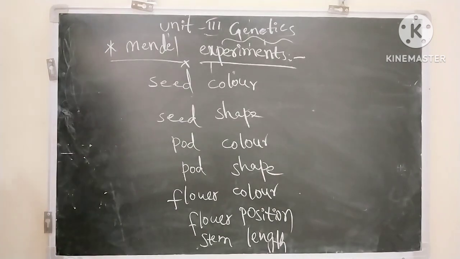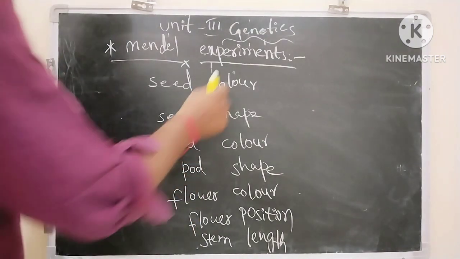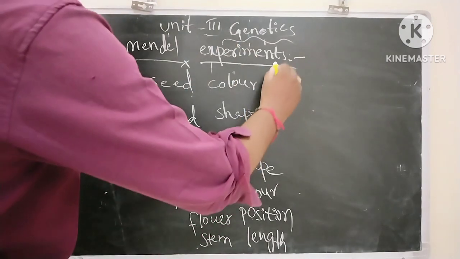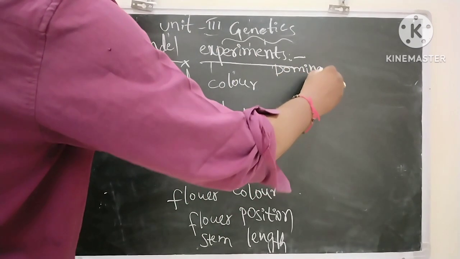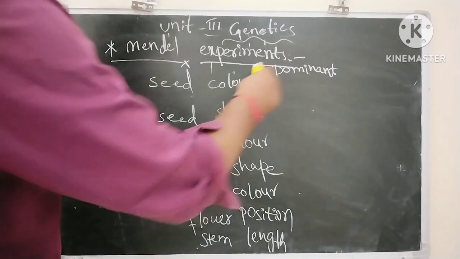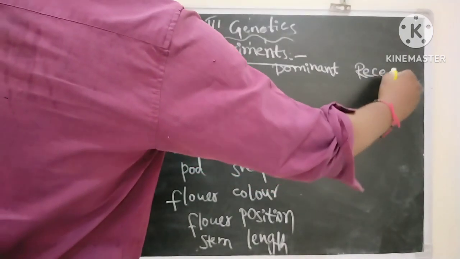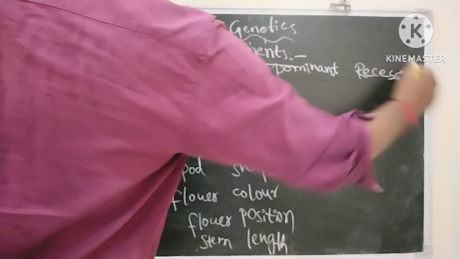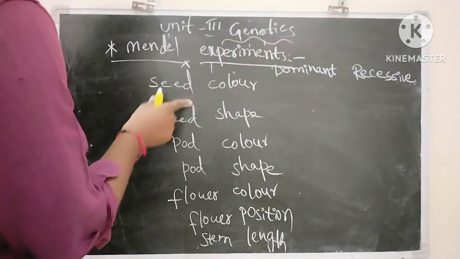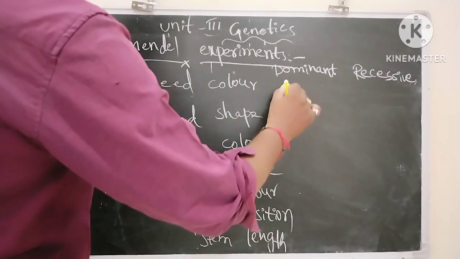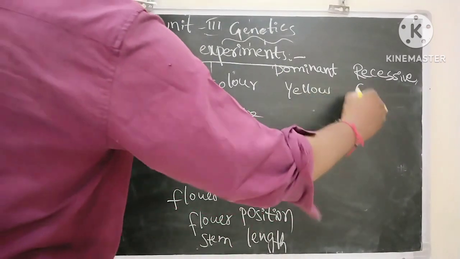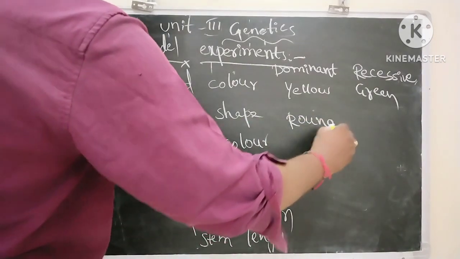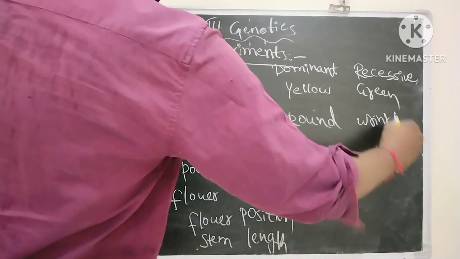According to Mendel, for a character there are 2 traits. One is the dominant, which is expressed more often, and the other is recessive, which is expressed rarely. For pea seed color, yellow is dominant and green is recessive. For shape, round is dominant and wrinkled is recessive.